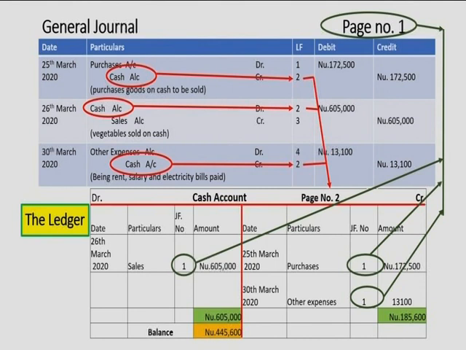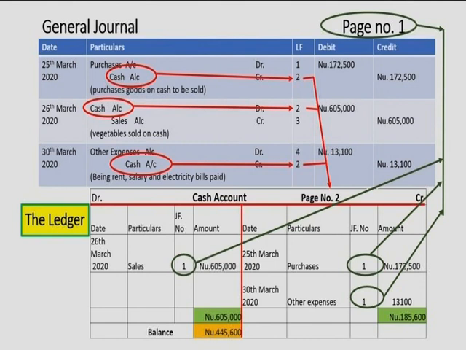If you go by the accounting rule also, when you follow the traditional approach, cash account is a real account, and when the cash goes out, it is credited. If you follow the modern approach, where cash is considered an asset, when there is a decrease in an asset, it is credited. So following all these rules, we debit in the general journal and we credit in the ledger account.